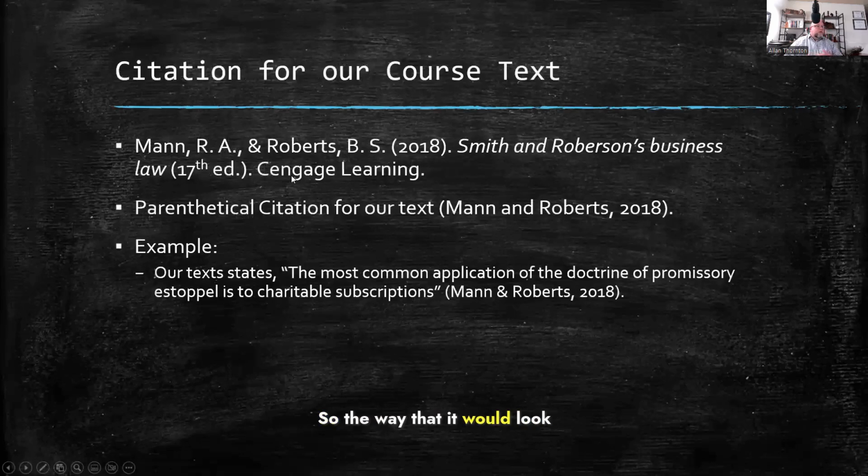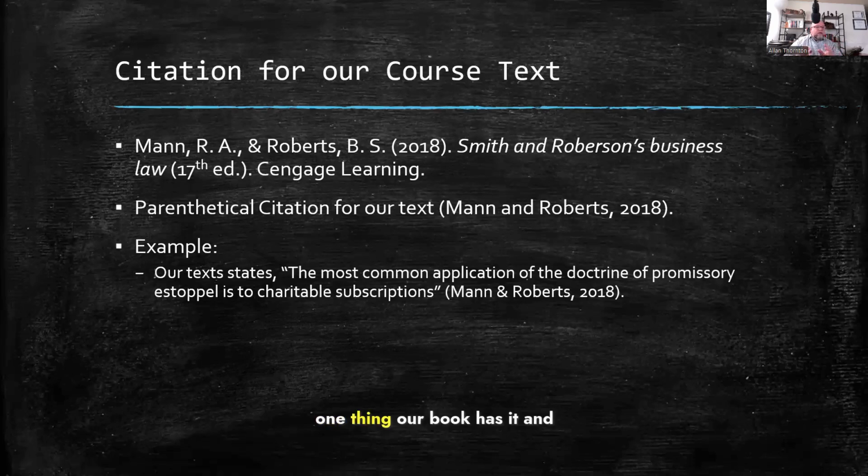So the way that it would look, this would be a complete citation for the course text. This is what your citation would look like if we're citing from the book. You would have Mann RA, Roberts, keeping that style that's required. Your date it's published, that copyright date.